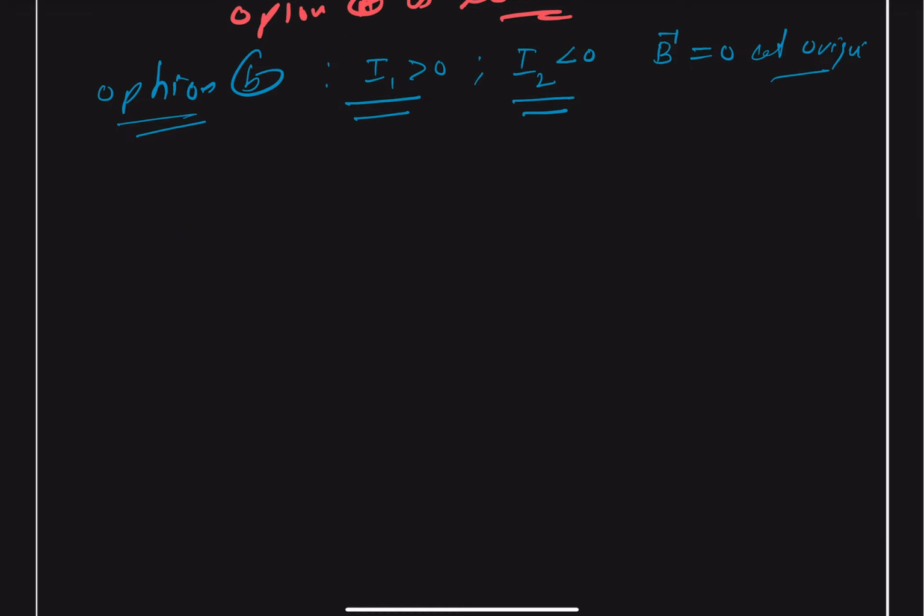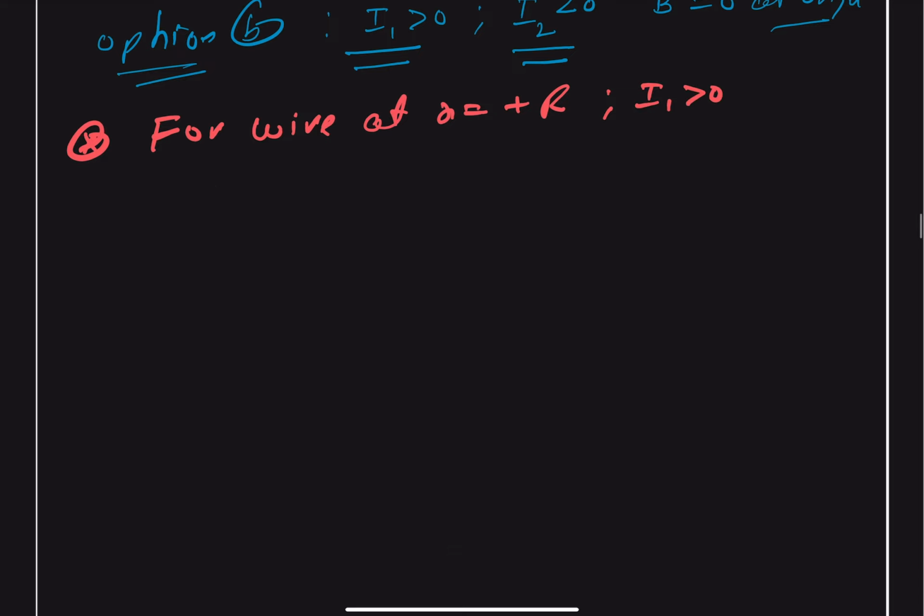So once again we start with the wires. For the wire at x is equal to plus r, in this condition current I1 is greater than 0. So you can say the current direction is our J unit vector.